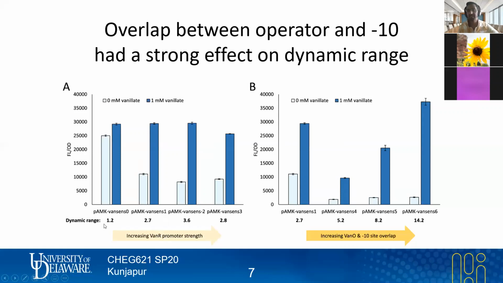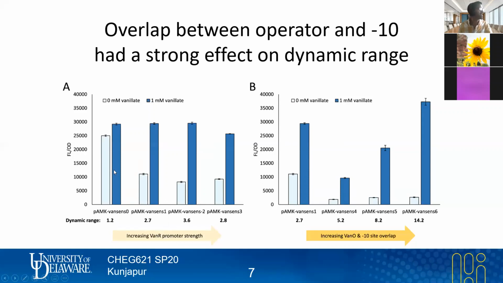And we're defining dynamic range here as what is the signal of fluorescence we see when there's no inducer or vanillate, and then what is the signal we see when we add either a saturating or high concentration of vanillate. So that's what's shown in this light blue and blue, 0 millimolar, 1 millimolar vanillate.